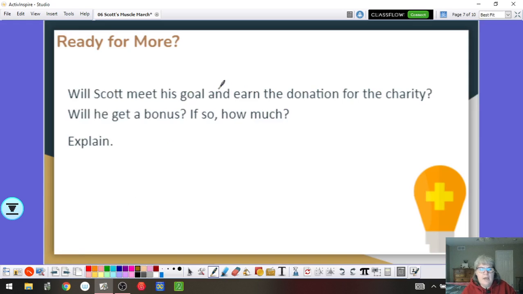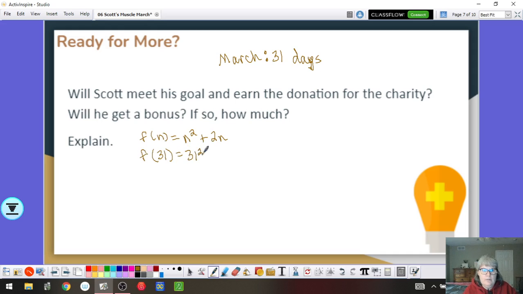So, will Scott meet his goal and earn the donation for charity? Will he get a bonus? If so, how much? So if we take that explicit equation, f of n equals n squared plus 2n, and remember this is the month of March, and March has 31 days. So if I want to find f of 31, I'm going to do 31 squared plus 2 times 31. Remember, n is the day number.